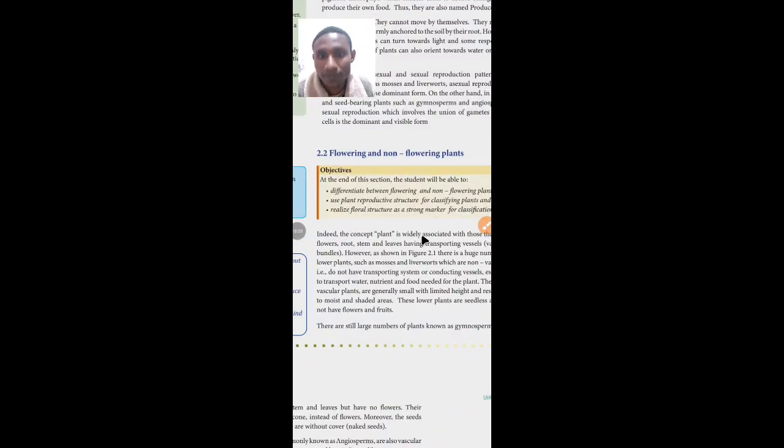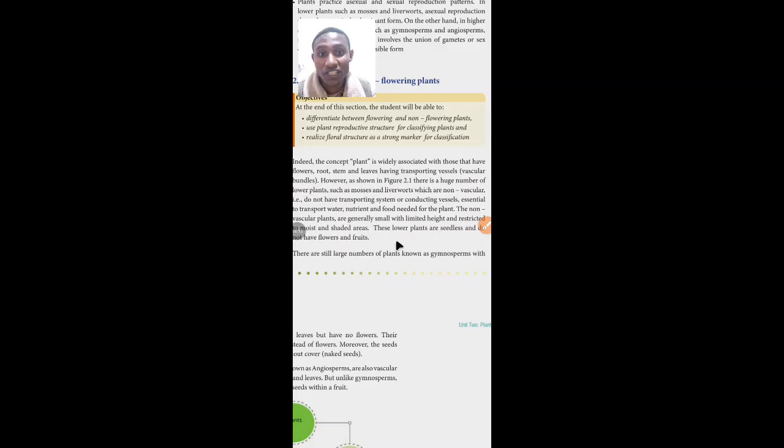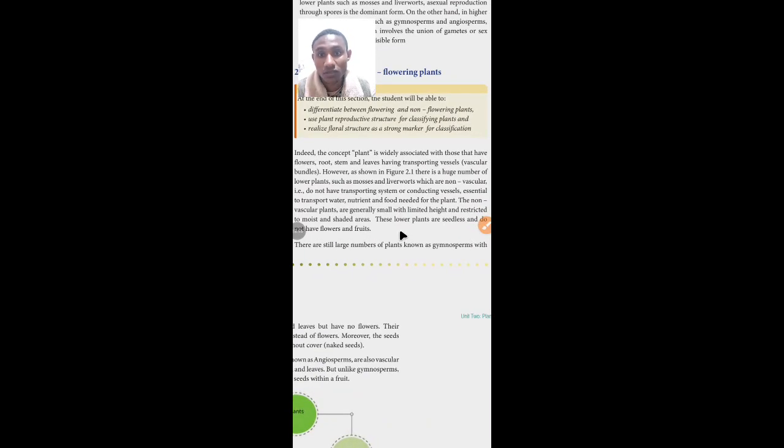the xylem and phloem. These vascular bundles are very essential and vital for plants to survive and to get their feed.